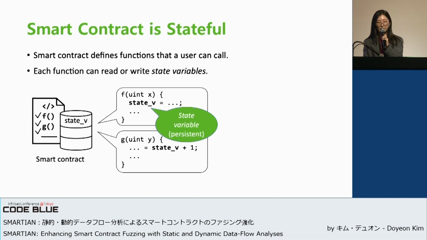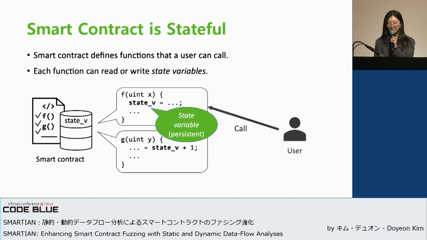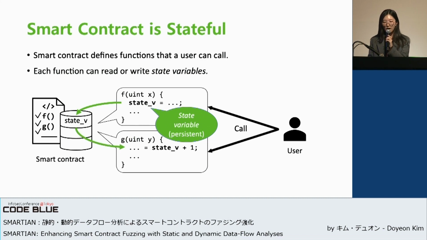In other words, this variable persists after the execution of the function. So when we call function f here, it will update the state variable. And later, when we call function g, we will use the updated value of the variable.